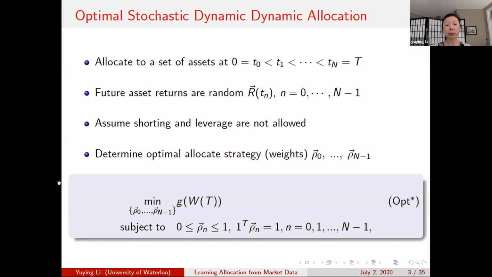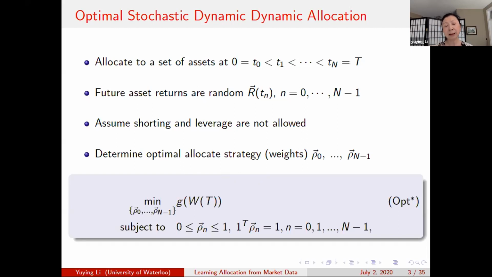So then we can write this optimal dynamic control problem mathematically as: I'm going to minimize some objective involving the random terminal wealth W_T, subject to my optimal control. Here I'm looking at percentage allocation, so the optimal control will be between 0 and 1, and they will sum to 1. This mathematical optimal control problem is a difficult optimization problem.